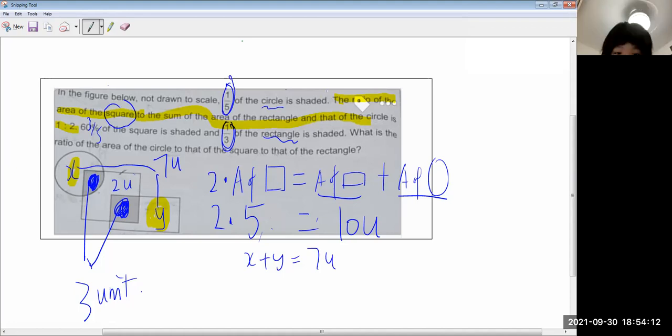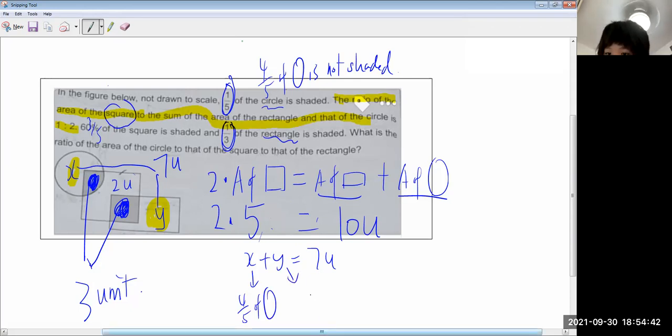So that means 4/5 of the circle is not shaded, which is my X. So my X is 4/5 of the circle. So here, the Y is actually 2/3 of the rectangle.